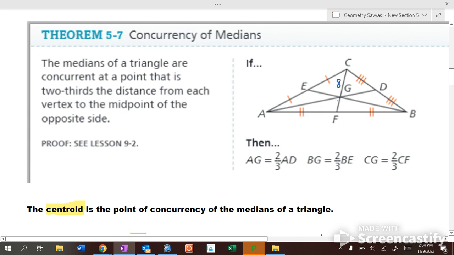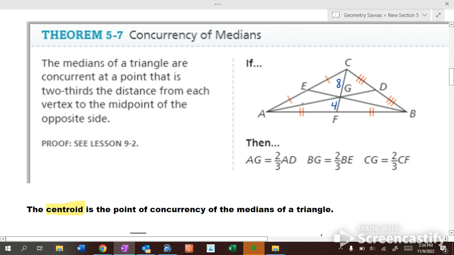So 2/3 is 8, 1/3 is 4, that makes 12, right? How long is CG compared to GF? It's twice as long, right?